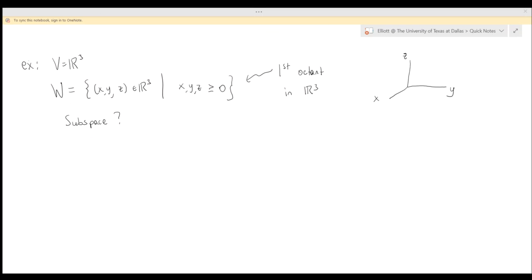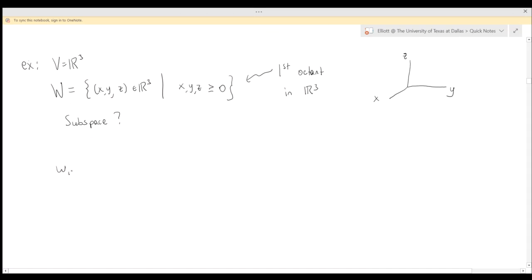So if closure under addition checks out, you should still check closure under scalar multiplication to see if it's a subspace or not. This one is actually a good example of that.